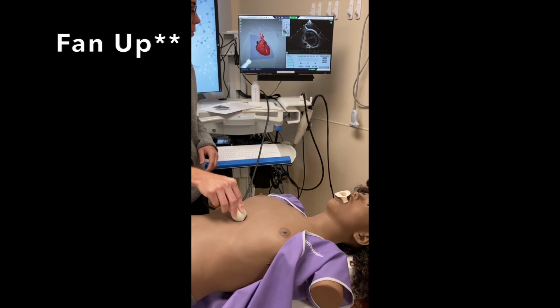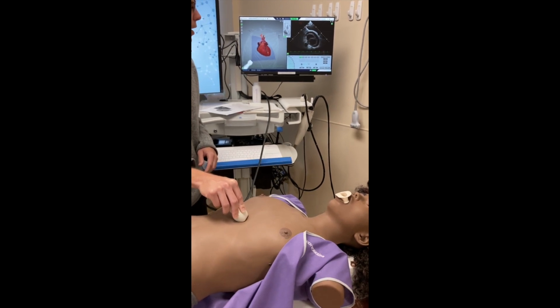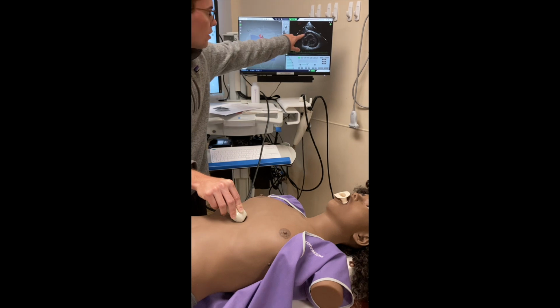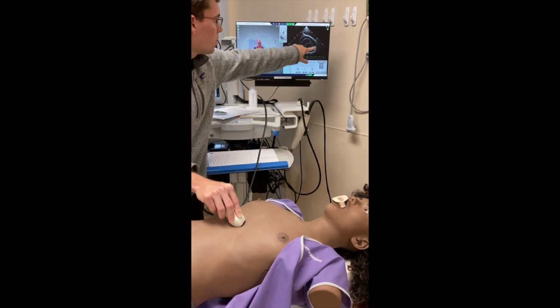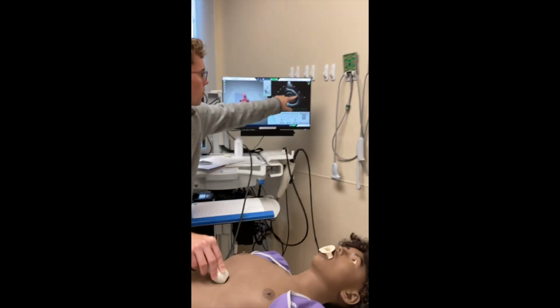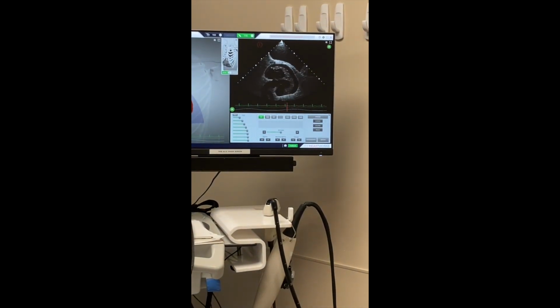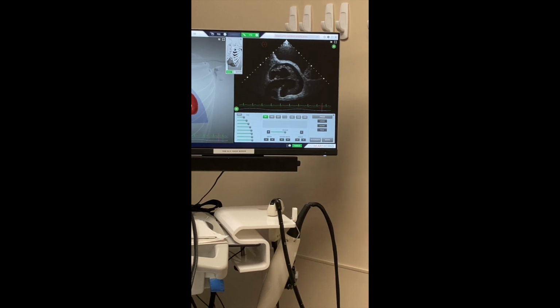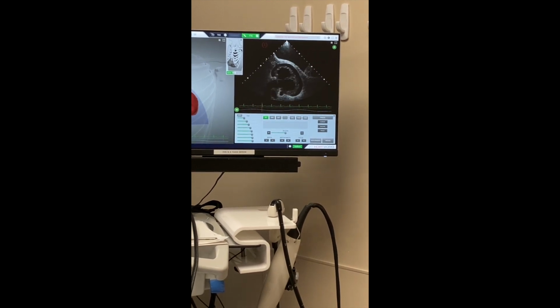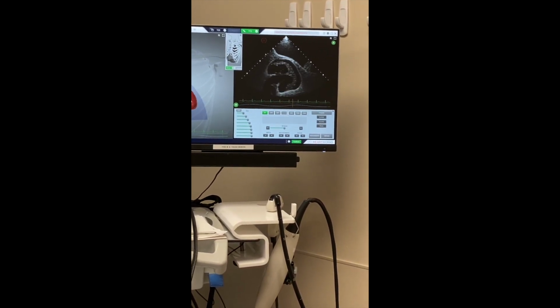Here you can see a pretty significant effusion around the patient's heart with anechoic fluid, with the pericardium being hyperechoic on the outside. For this to be considered tamponade, the patient is going to have pretty significant hypotension.